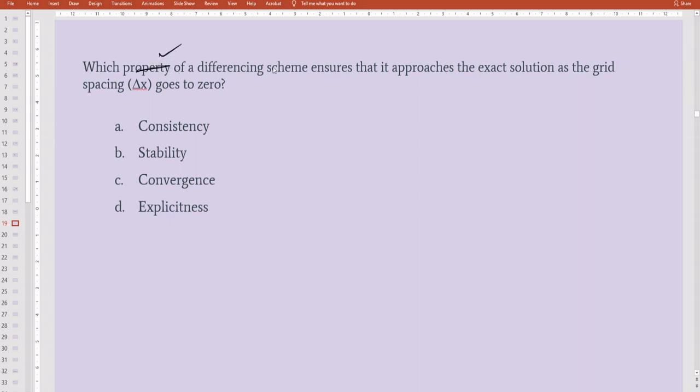We need to find which property ensures that our system will reach the exact solution when our grid spacing delta x goes to 0. The options are consistency, stability, convergence, explicitness. You can inbox your answers.